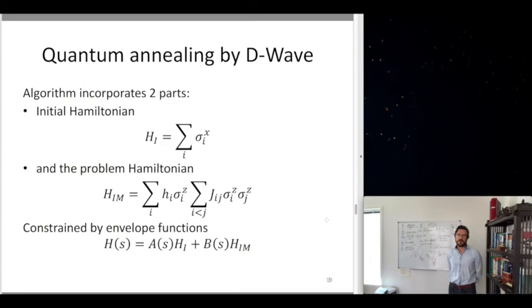And the algorithm incorporates two parts, which are the initial Hamiltonian and the problem Hamiltonian. The initial Hamiltonian is nothing new, it's the initialization that we learned about before, and then the problem Hamiltonian that we see here. On the left-hand side you see the h_i and the Z matrices, which are the diagonal terms, and the J_ij, the i's and j's here in our Ising spin problem, are the interaction terms between the single qubits.